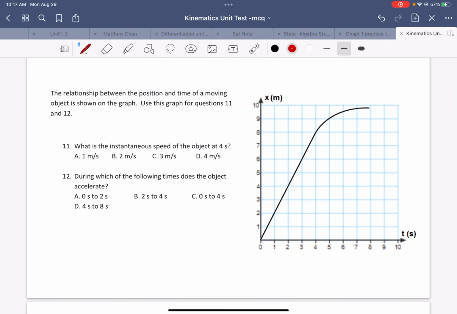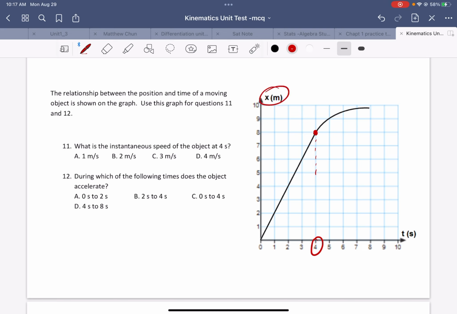The relationship between position and time of a moving object is shown in the graph, and use this graph for questions 11 and 12. What is the instantaneous speed of the object at 4 seconds? So where is 4 seconds located here? So go up here. So that one.